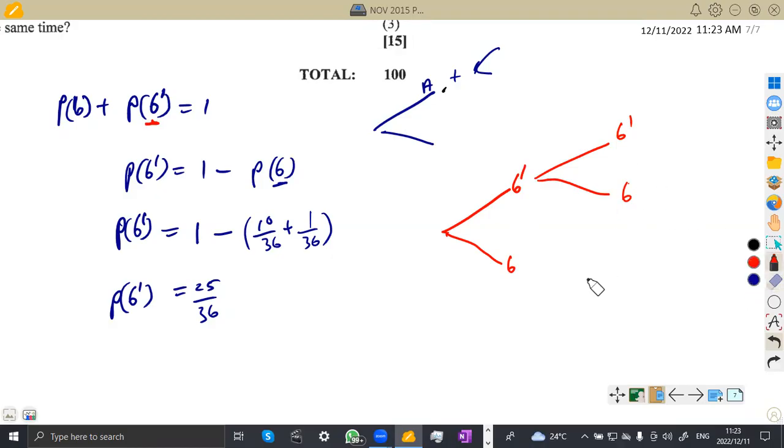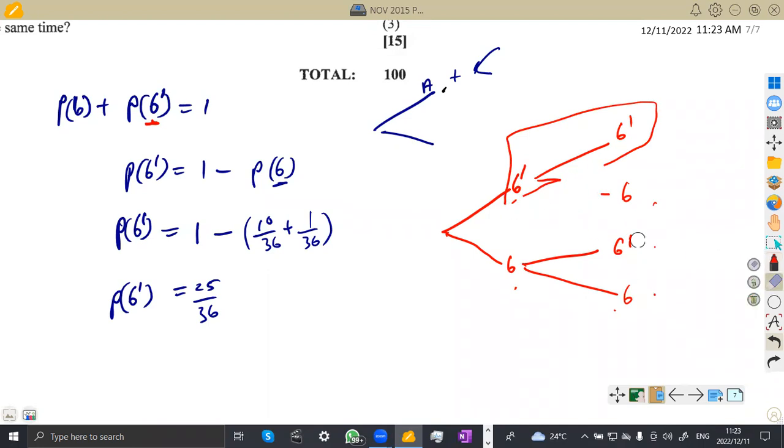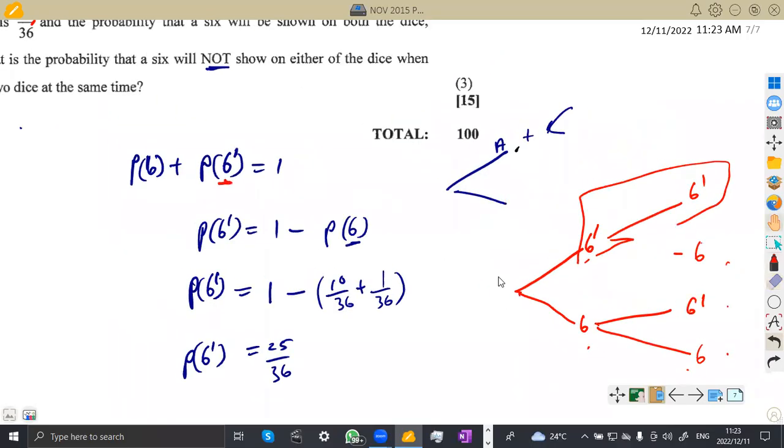But this was going to take us a lot of time. Not obtaining a 6, obtaining a 6. So the first one is actually the first outcome and the second outcome of a 6. So not obtaining a 6 is this one that we have. That is why we have to add these outcomes and subtract. The tree diagram, was it going to be useful? Okay, anyways, that was what we had.